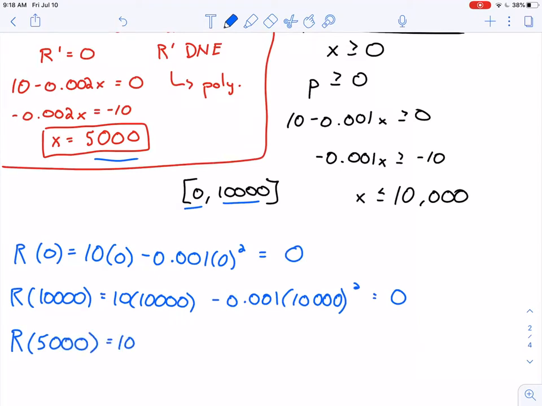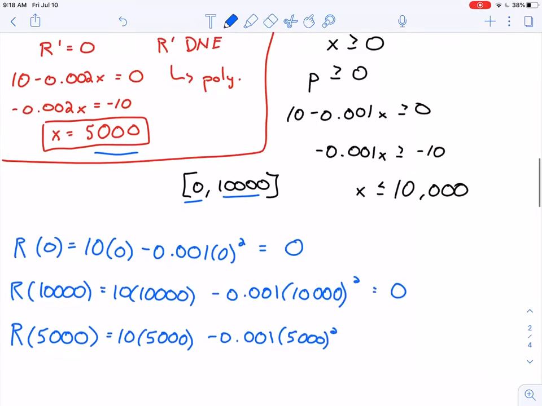This is 10 times 5,000 minus 0.001 times 5,000 squared. And here I should end up with 50,000 minus, if I take 5,000 squared times 0.001, I will have 25,000. Subtracting those two gives me 25,000.